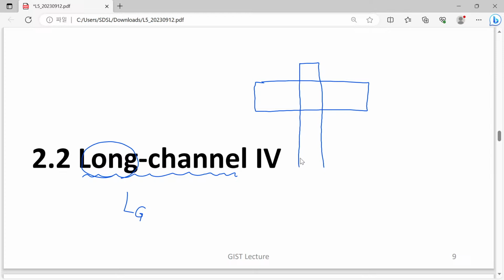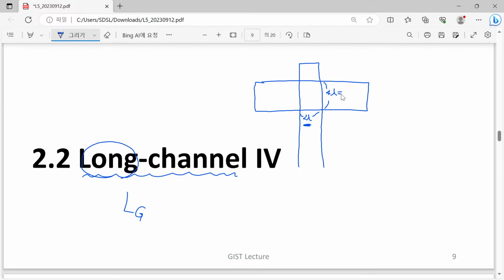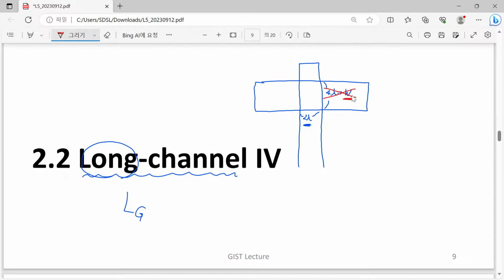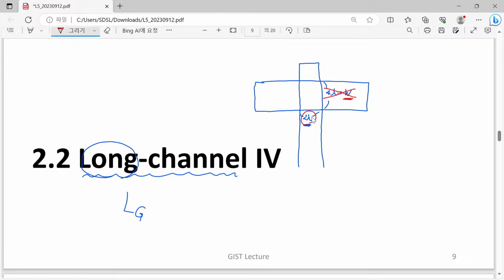If we take the lambda based rule, then in many examples you will find the smallest available transistor has a channel length of minimum size, 2 lambda, and its width is 4 lambda, the narrow one. But here when we say long or short, this is nothing related with our width. The concern is this gate length.